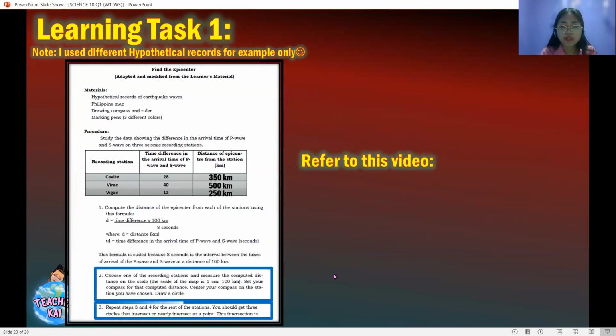Now you have to refer to this video. So I will be going to show you the example of how you do procedure number 2 and number 3, using the triangular method. See you in my video.